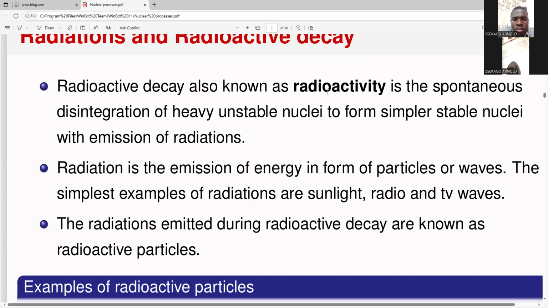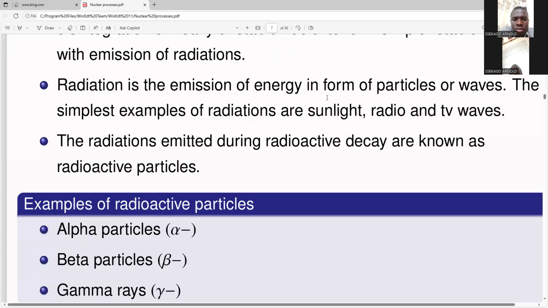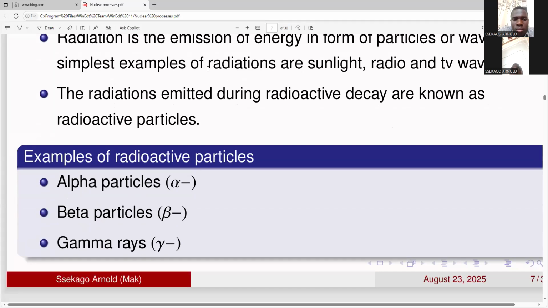However, when that process of breaking down occurs, radiations are emitted. These radiations that are emitted are known as radioactive particles. We have alpha particles, beta particles, and gamma rays.